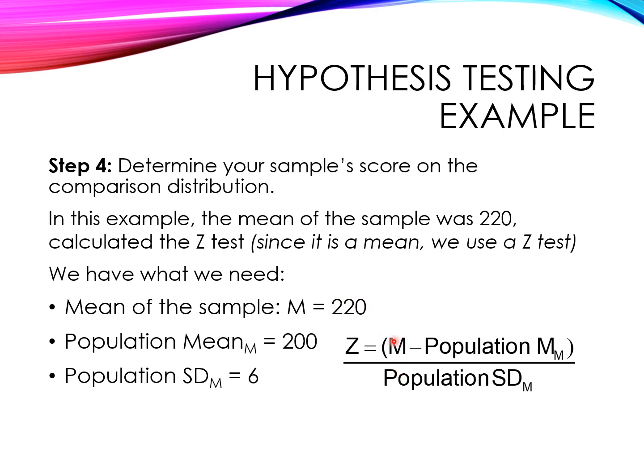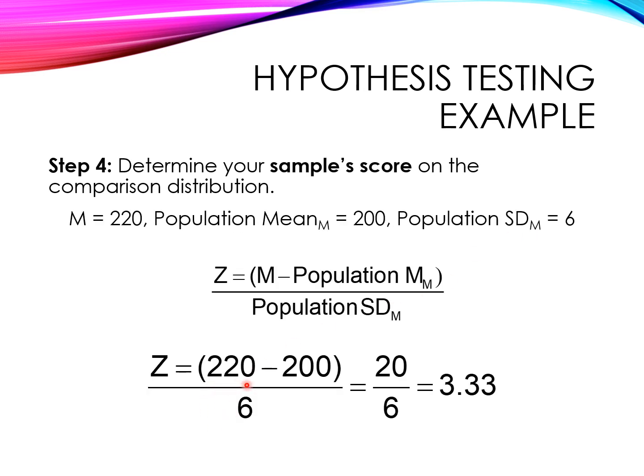We plug that in here. We have our population mean over here, and that's 200. So 220 minus 200 is 20, divided by 6. 20 divided by 6 is 3.33. This is our sample score on the comparison distribution.